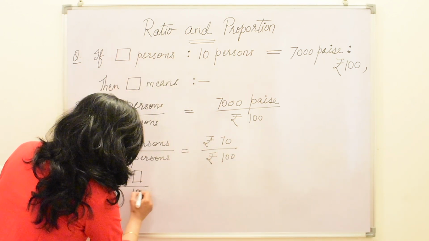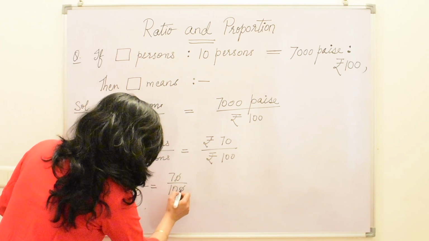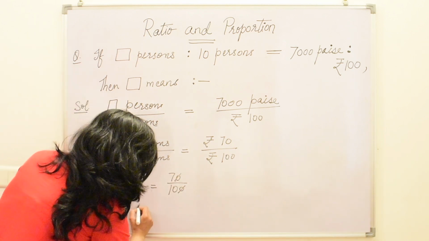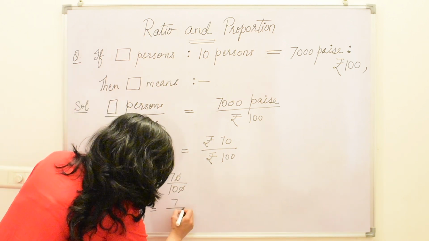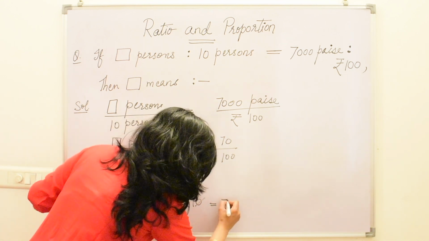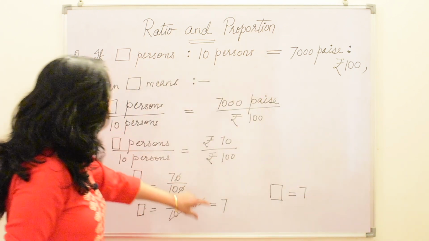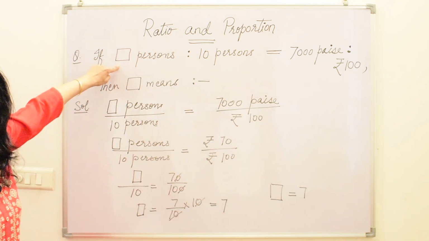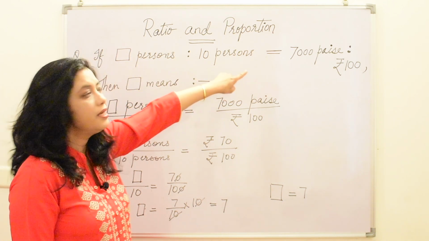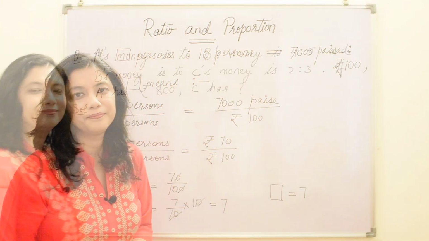Now we will solve it further. We will take this 10 to the other side. So we get our answer 7. So in this blank we have to write 7. 7 persons is to 10 persons equals 7000 paise is to rupees 100.